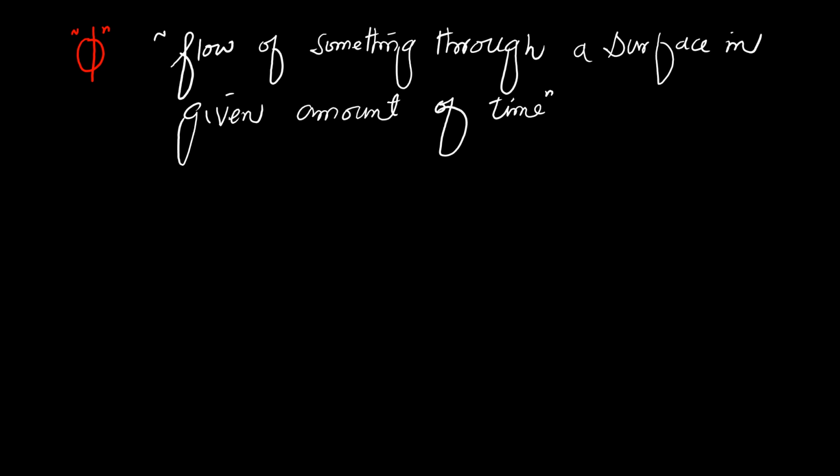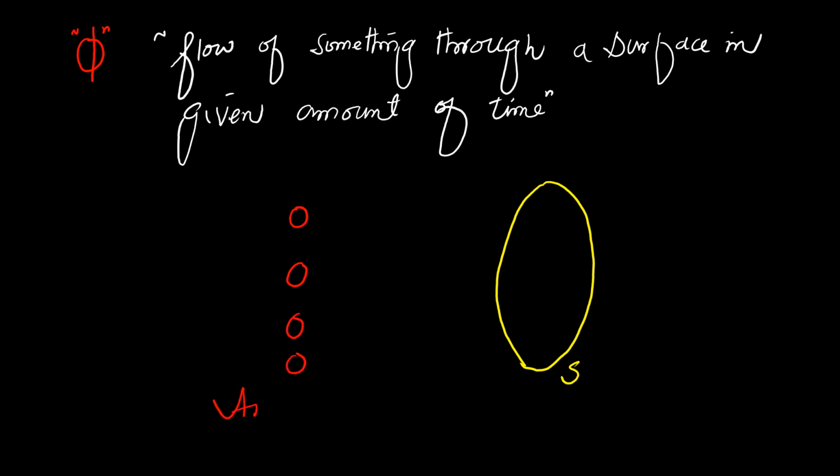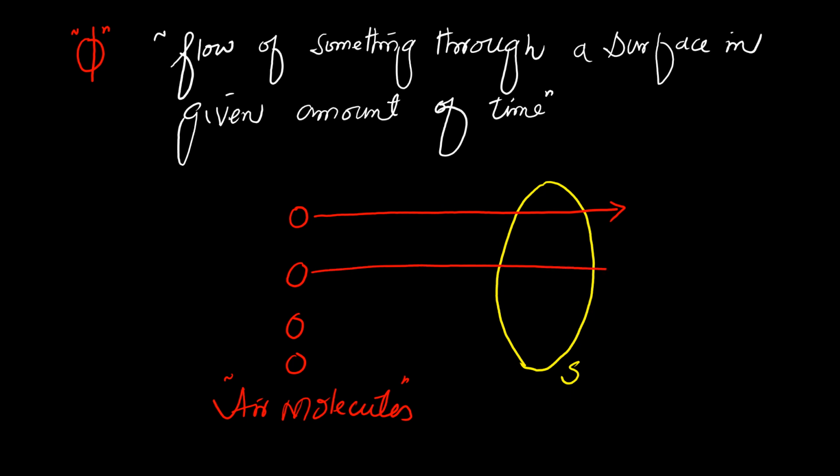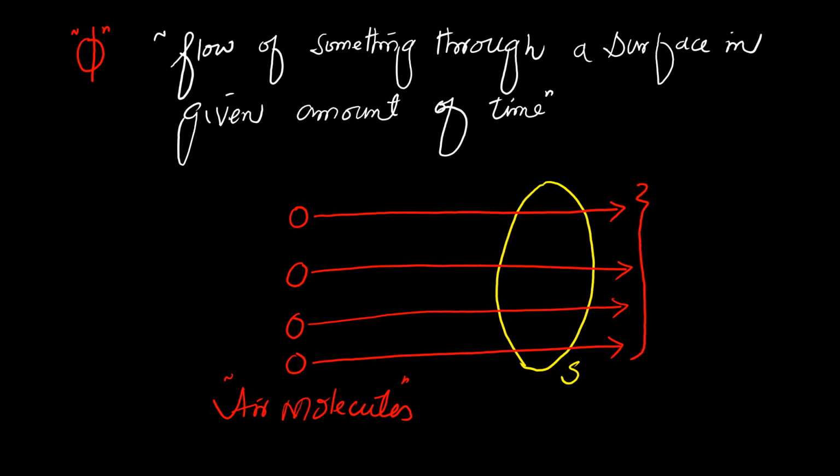Consider that we have a surface S. Suppose that this is some kind of surface S, and we have air molecules near this surface S. And these molecules pass through the surface S.